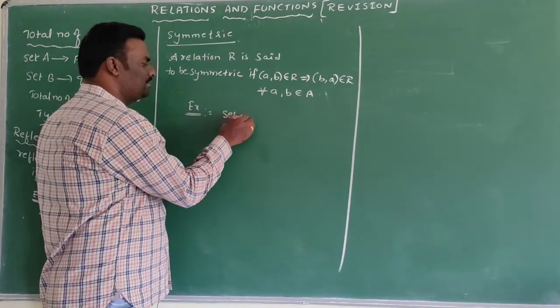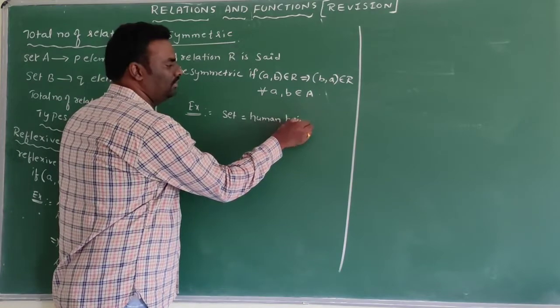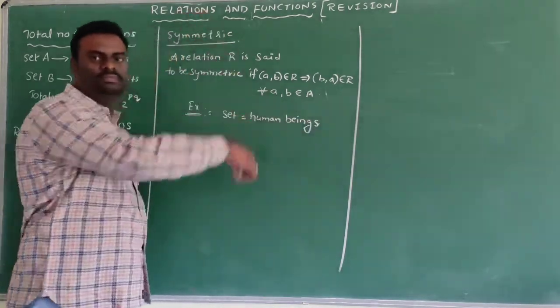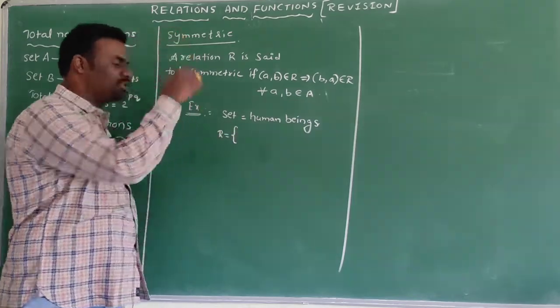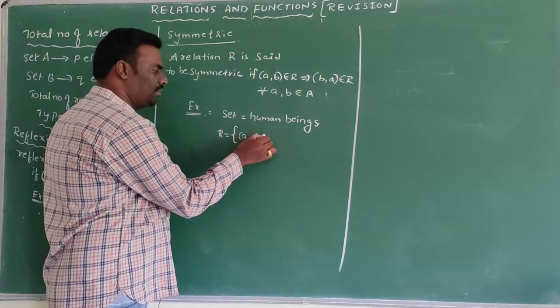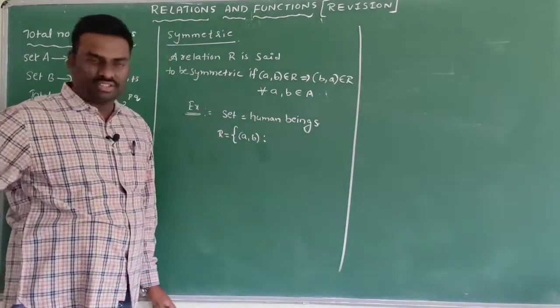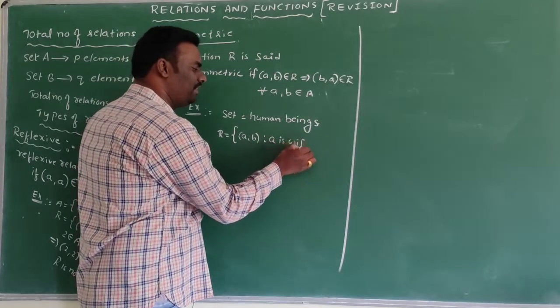Set is human beings in a town, and relation I am taking R equals {(a, b) such that a is wife of b}.